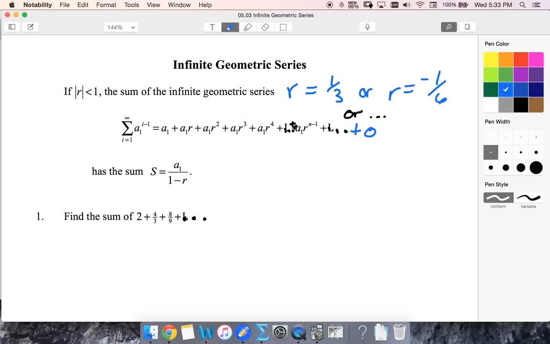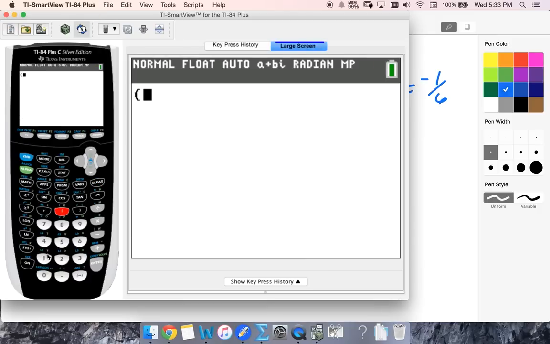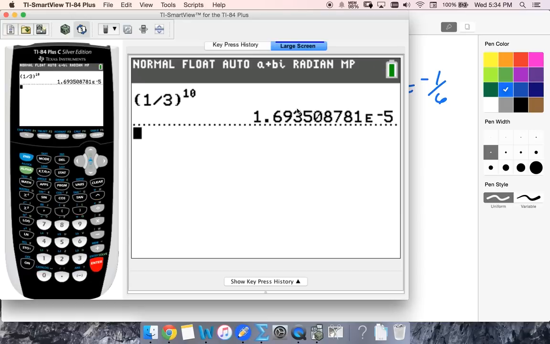So as our n value gets really big, a fraction raised to a really big number, let's look at an example. Let's take 1/3 and raise it to the 10th. So 1.69 times 10 to the negative 5, so 0.00001.